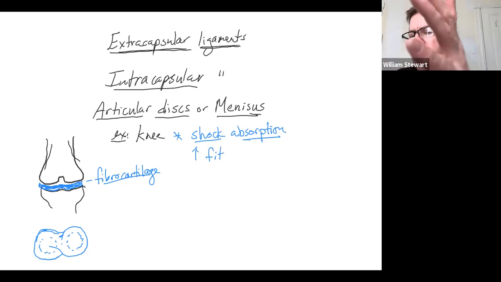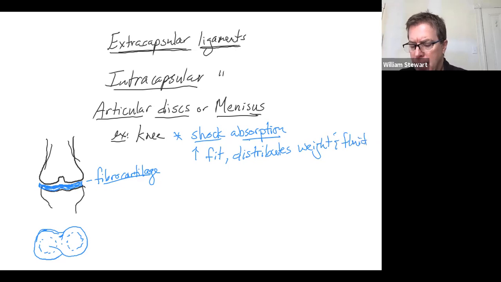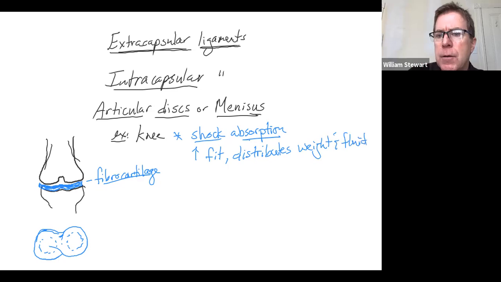It helps distribute the weight and the synovial fluid. I'm just going to write distributes weight and fluid. So we've defined what an articular disc or meniscus is. Next, I'm going to define a labrum.